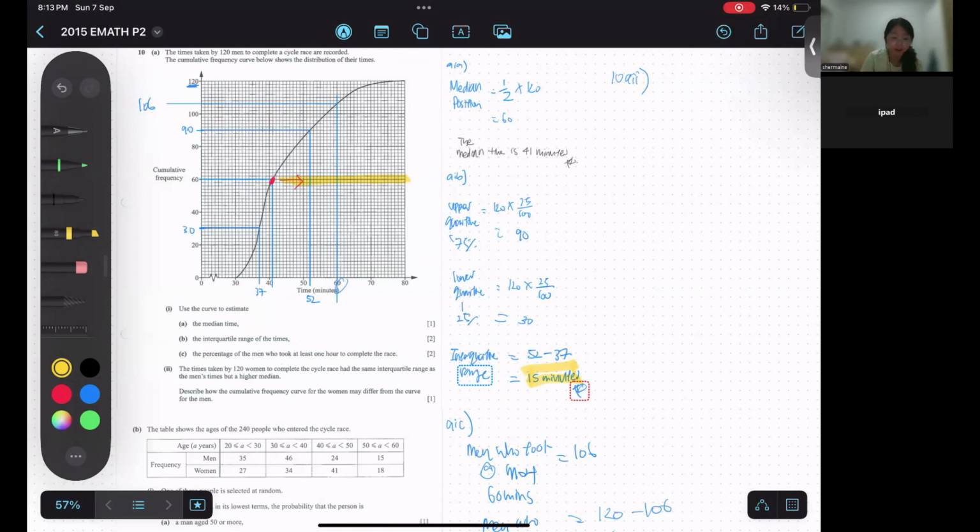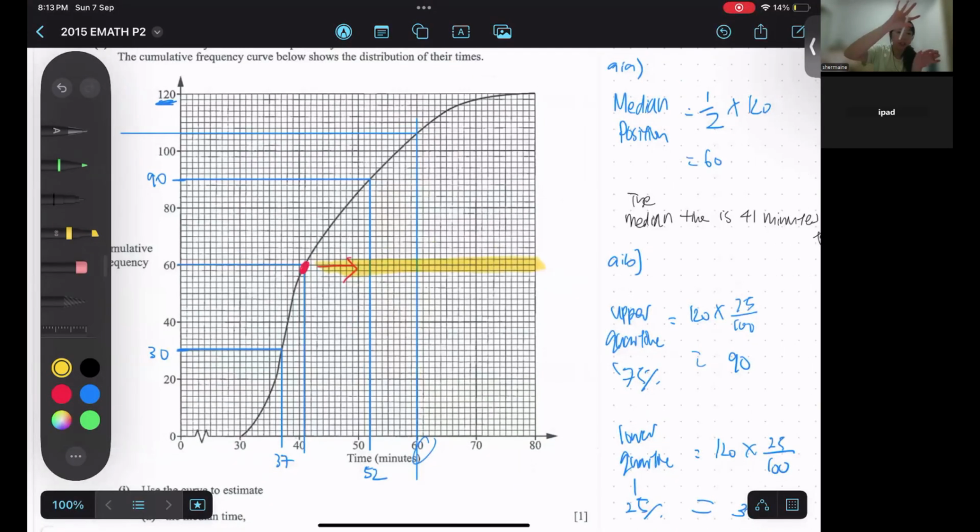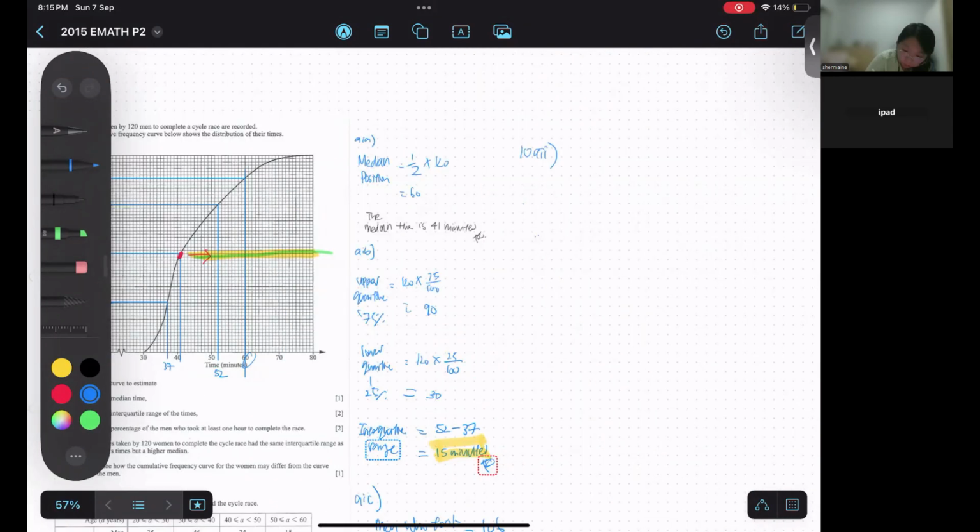This means that the range between 25% to 75% of the women who ran in the race would still be the same. So you imagine this curve on the screen just shifting straight along this line over here. So your curve doesn't really change, just that it moves to the right. And that is your answer.